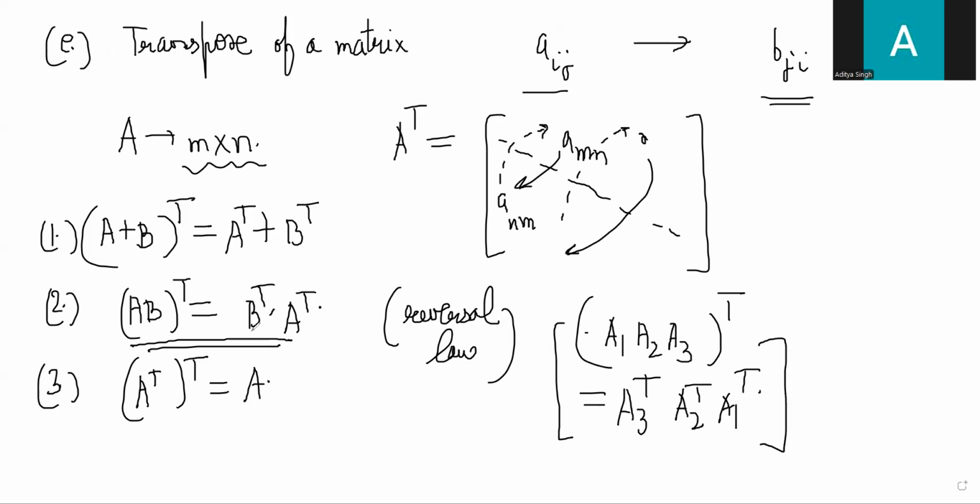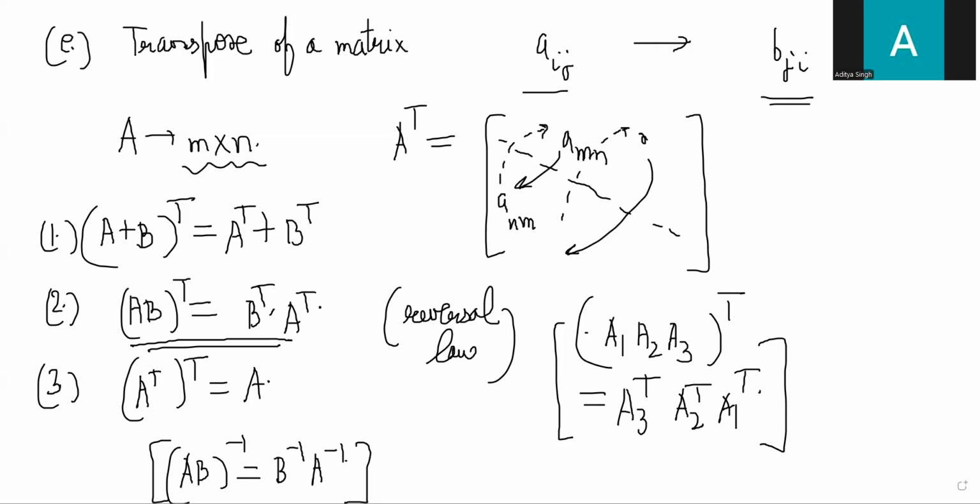You can extend this property also. Similarly, this property is also valid in inverse of a matrix. So if you have AB product and you want to calculate its inverse, it will also be B inverse and A inverse. Correct?